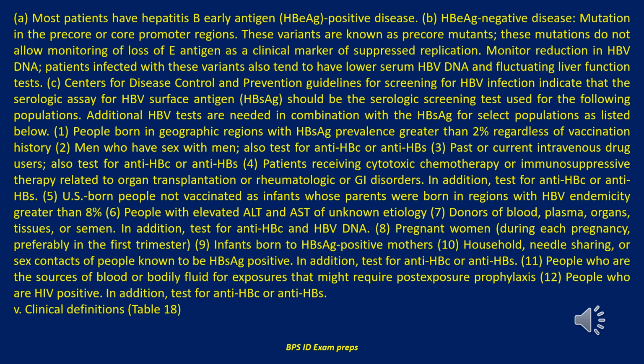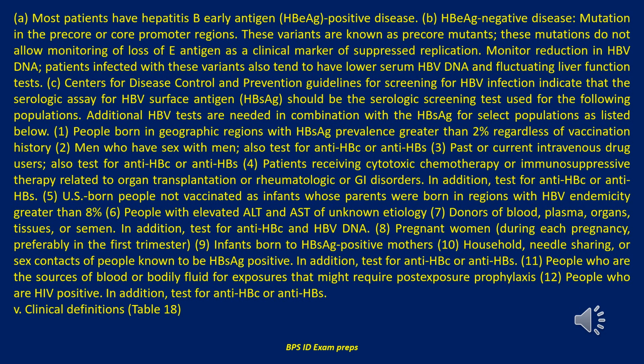Men who have sex with men also test for anti-HBc or anti-HBs. 3. Past or current intravenous drug users also test for anti-HBc or anti-HBs. 4. Patients receiving cytotoxic chemotherapy or immunosuppressive therapy related to organ transplantation or rheumatologic or GI disorders. In addition, test for anti-HBc or anti-HBs. 5. U.S.-born people not vaccinated as infants whose parents were born in regions with HBV endemicity greater than 8%.